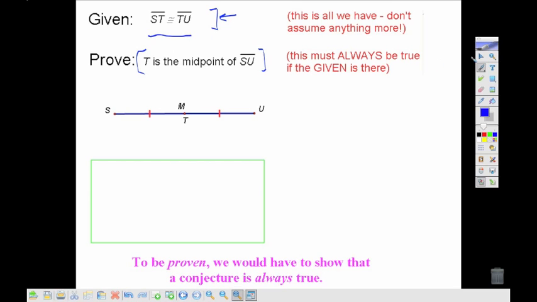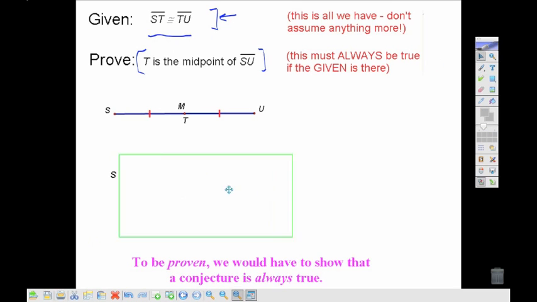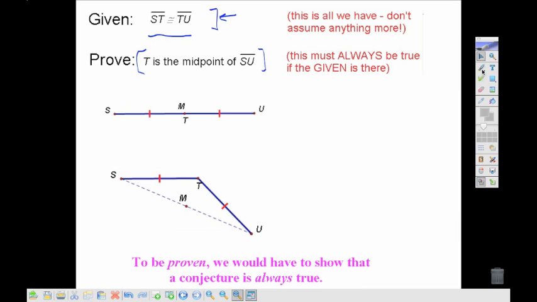Did they tell me that this only lies on a single segment? I can redraw this picture, putting the point T off of the segment connecting them, meaning that my midpoint would have to be on the segment SU, but T is not on that segment. Since we have one example, we can show that that is false. So to be proven, we need a conjecture that is always true.